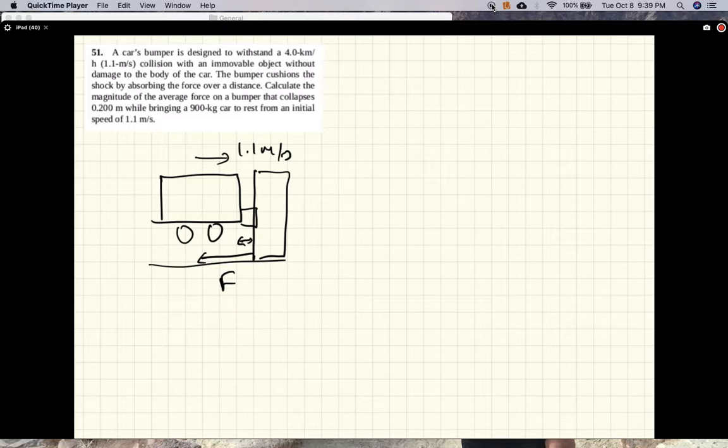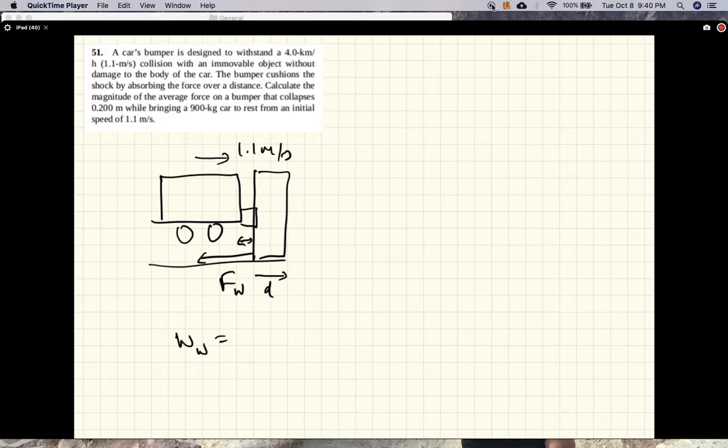Okay. So the work done by the wall is F times d. The force that the wall exerts is in this direction, and the displacement is in that direction.